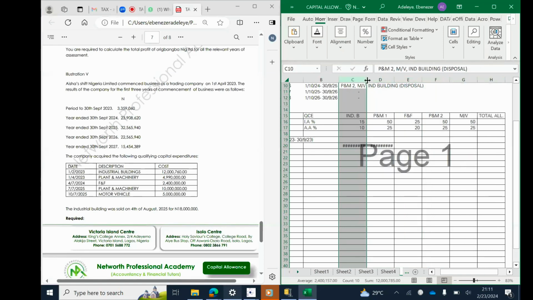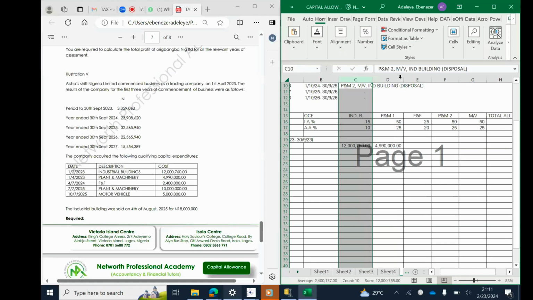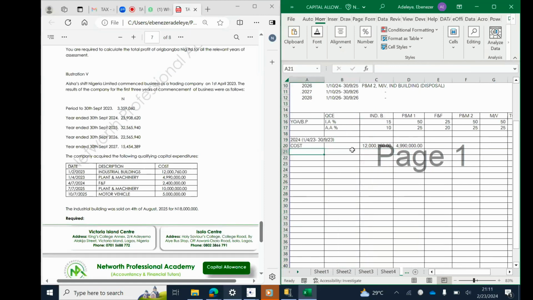So for these two additions that we have in the year, what is our initial allowance?